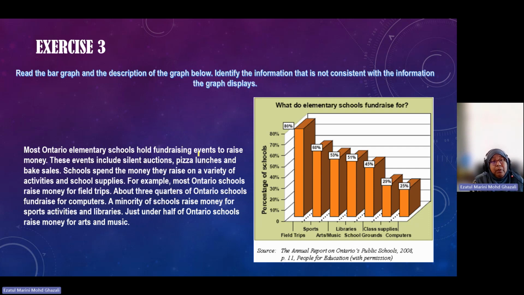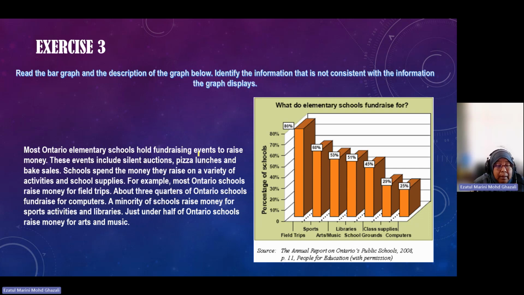Let's have a look at the graph. 80% is spent on field trips, 60% on sports, 53% for arts and music, 51% on libraries, 45% on school grounds, 29% on class supplies, and 25% on computers.